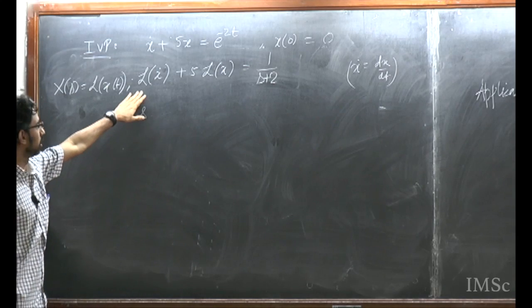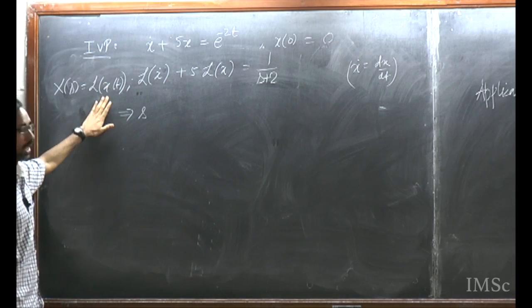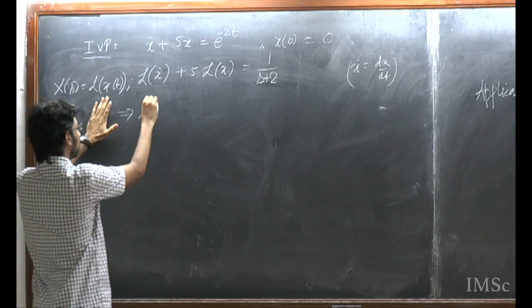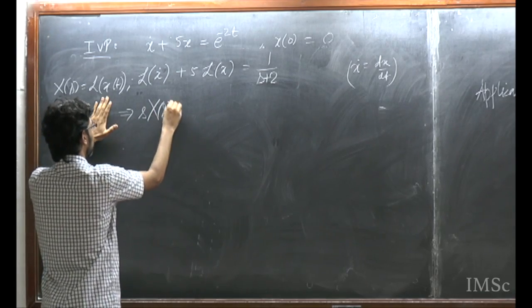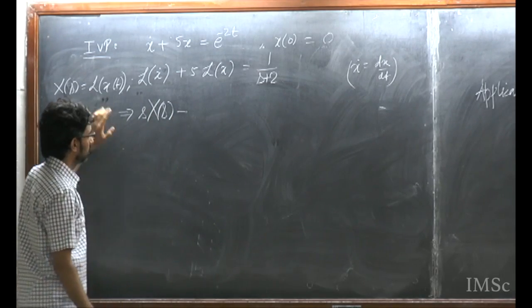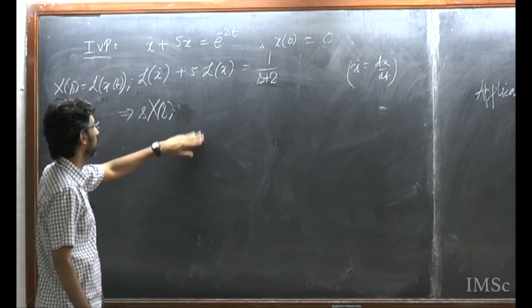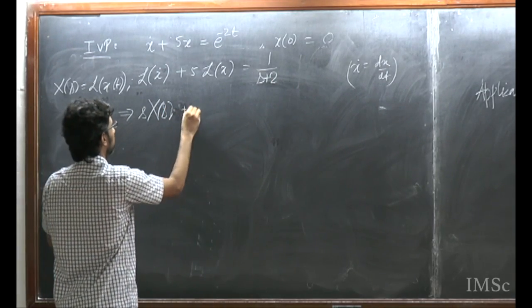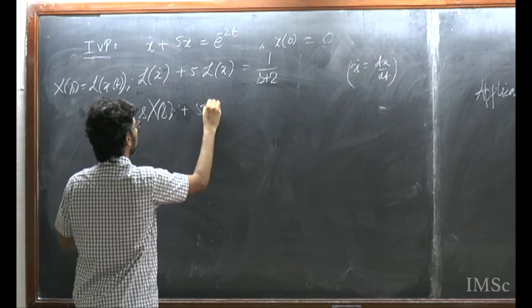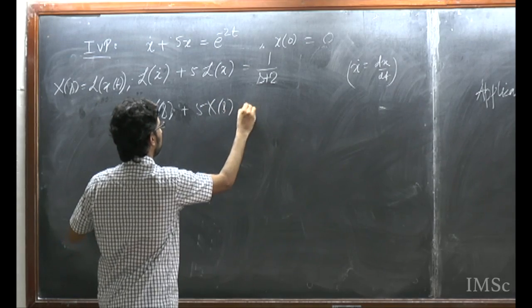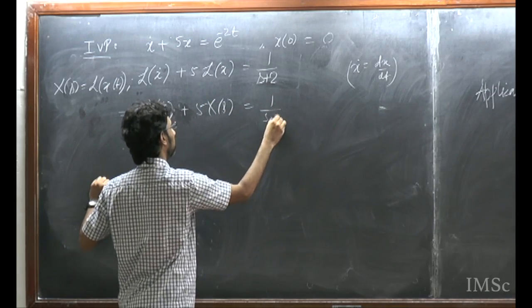So what is the Laplace transform of the derivative of x? s X(s) minus x(0). But what is x(0)? I've taken it to be 0, so you don't get anything, plus 5 X(s) is 1 over s plus 2.